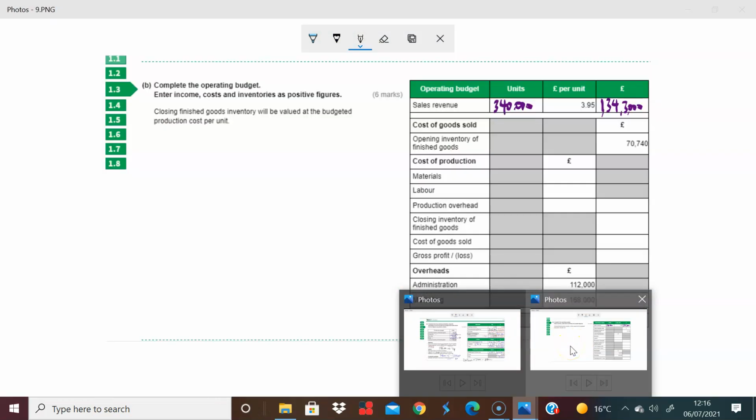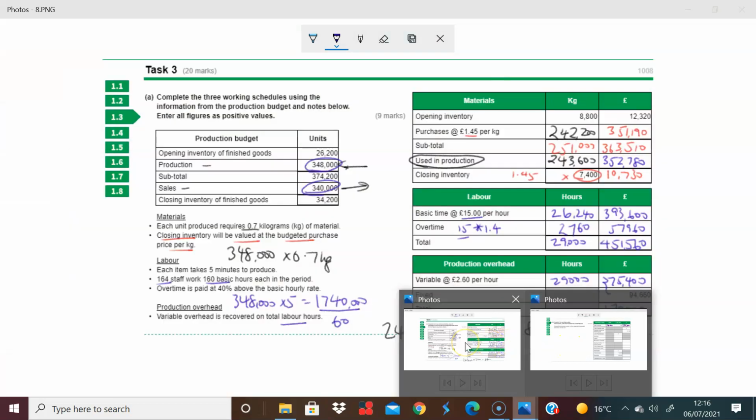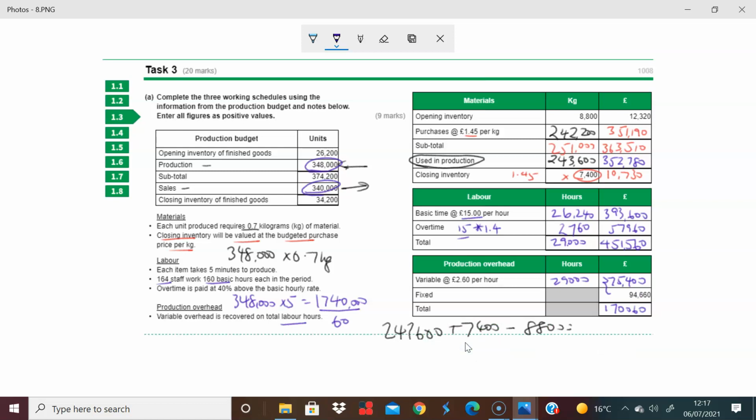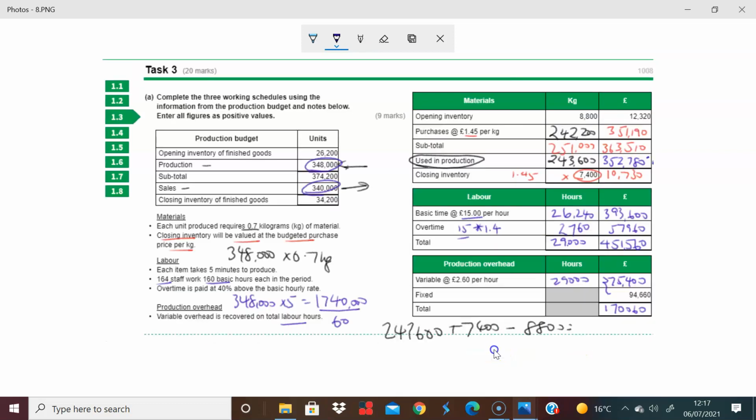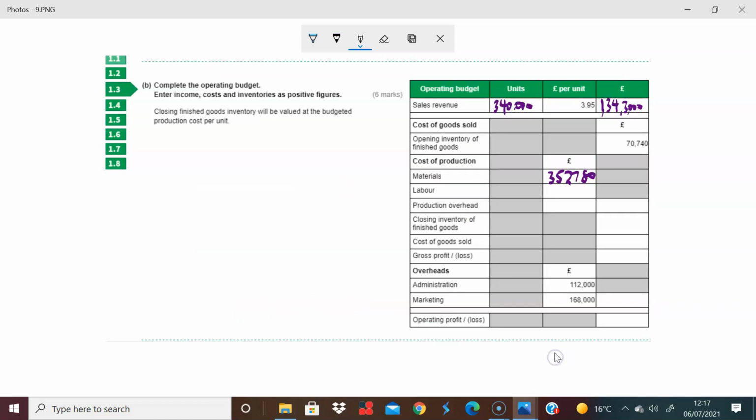So in terms of production here, in terms of materials, all I'm literally doing again is flicking over here and lifting my cost of production, which is this figure over here, 352,780. I'm just going to plug that in. Then if you go over to your labor figure, you can see here it was 451,560.